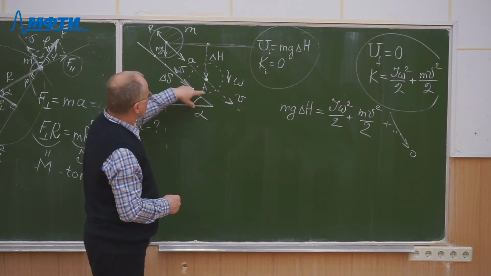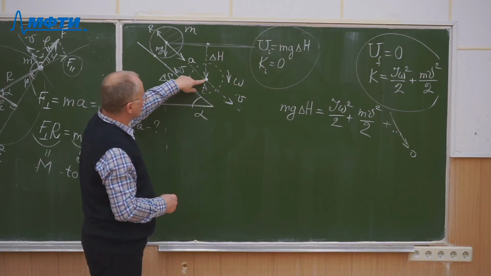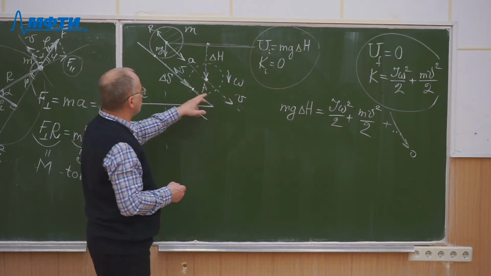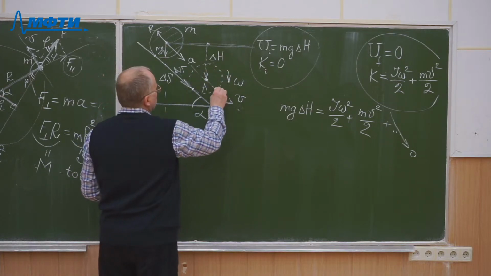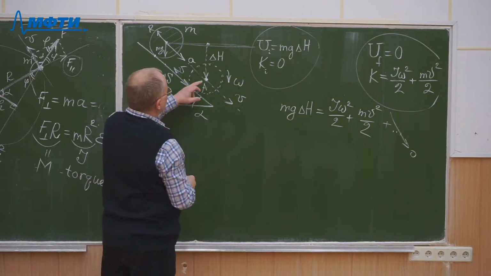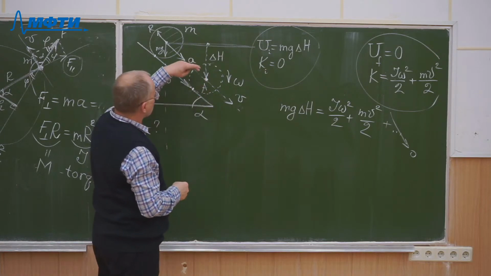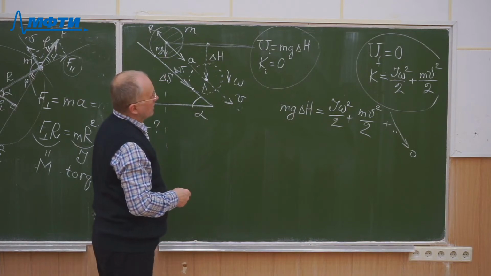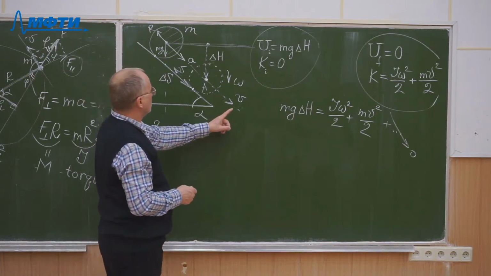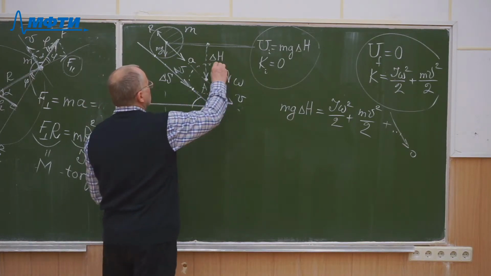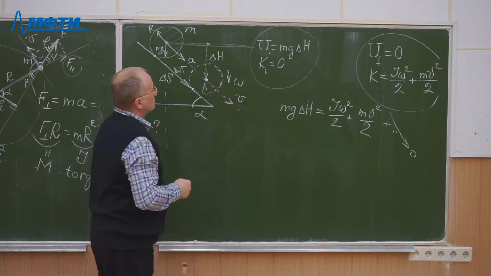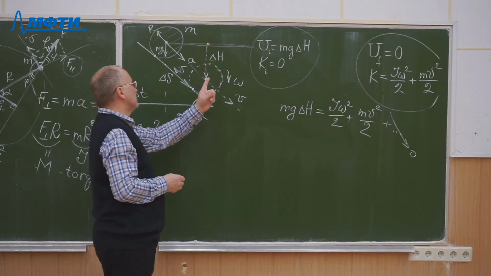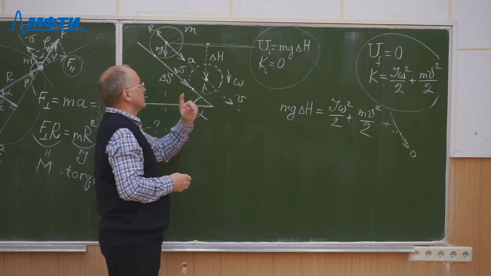So v will be the velocity of the center of mass with respect to the surface of the Earth, and also v will be the velocity of any point on the surface of this cylinder in the reference frame associated with the center of mass. So v has two different meanings, either the velocity of the center of mass or the velocity of the points of the cylinder in the reference frame associated with the center of mass.